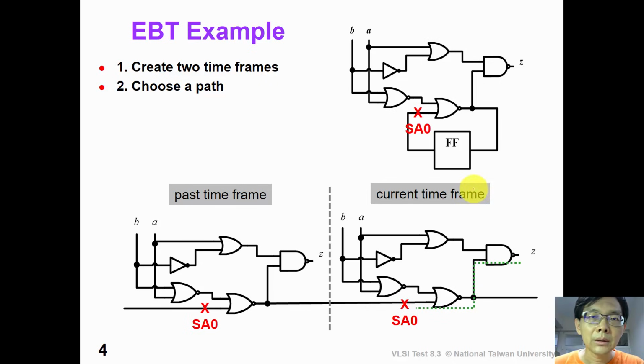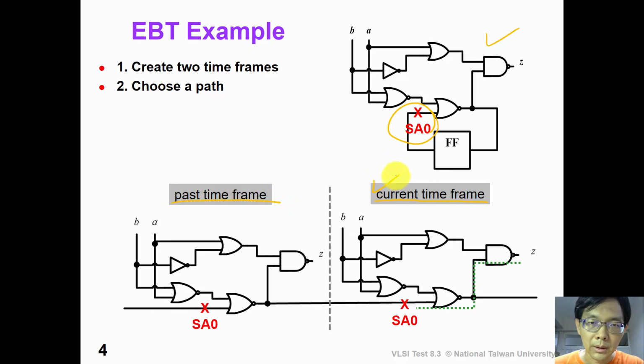Now let's see an example. Given this circuit, please generate a test for stuck-at 0 using the EBT algorithm. We only keep 2 copies of the circuit in our memory.